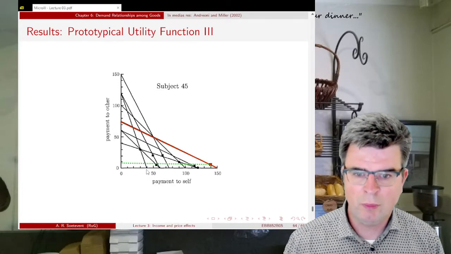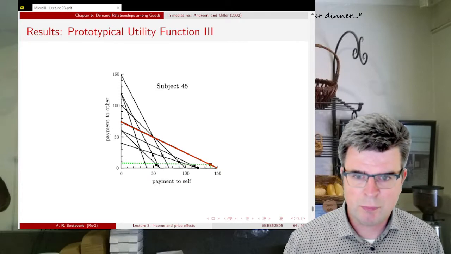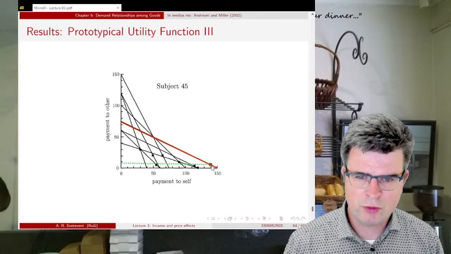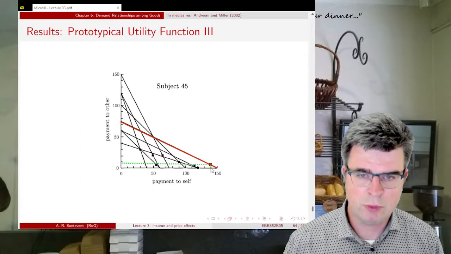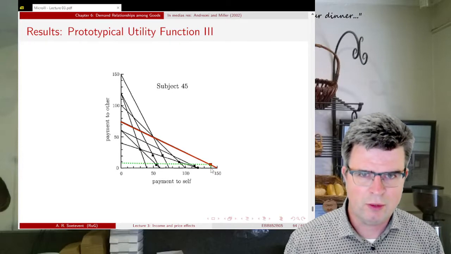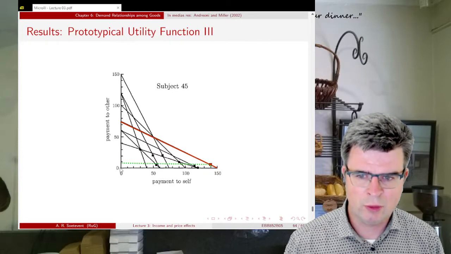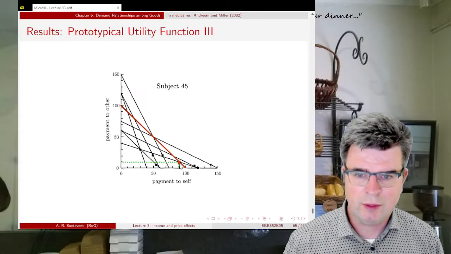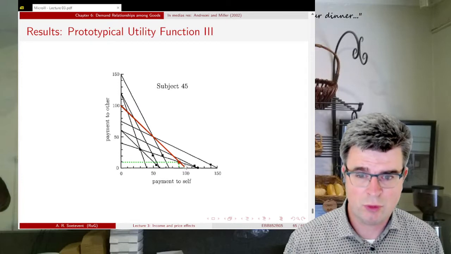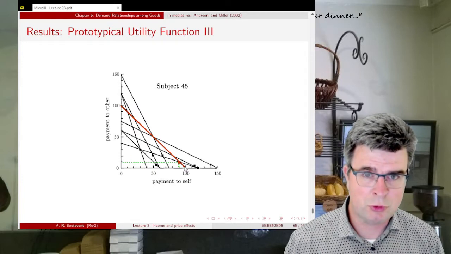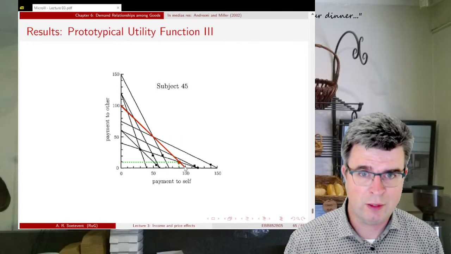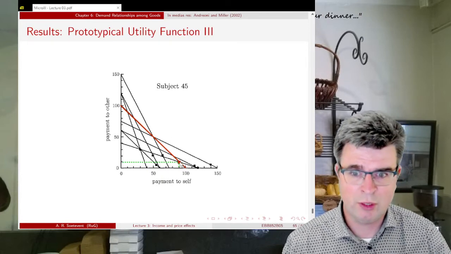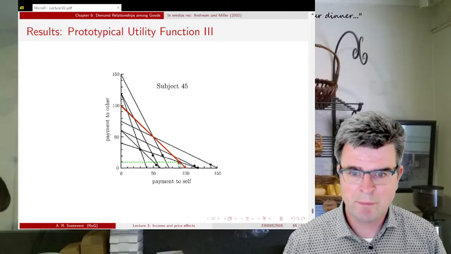So this individual, given the budget line 1, keeps almost all of the tokens, so leading him or her to receive a lot of money at the end, and the other person not a lot. Then we make giving less expensive. So does the person substitute away from keeping the money towards giving to the other if that becomes cheaper?